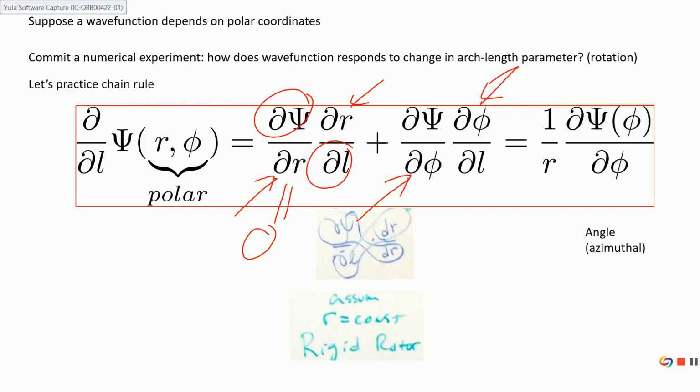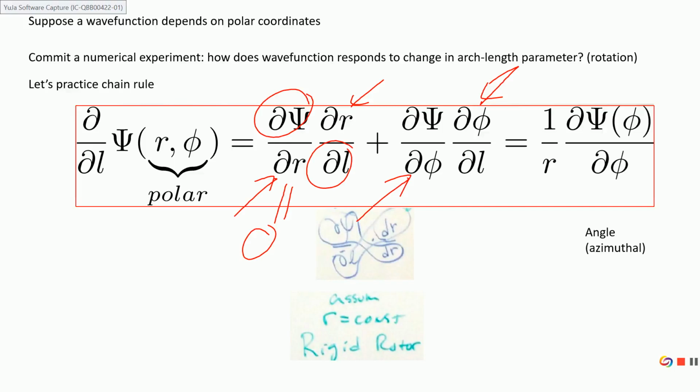So we apply the rules for differentiation of a function of two arguments, for the two terms, and then there is a chain rule, right? So we take the derivative over this variable, and then we make the ratio of the variable the function depends on and this arc length over which we differentiate, right?